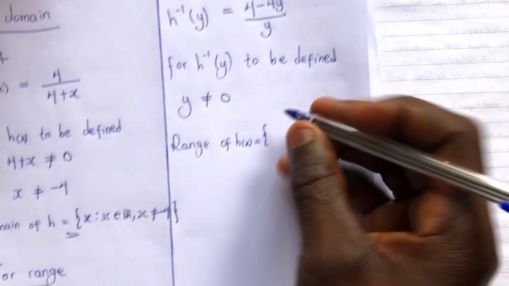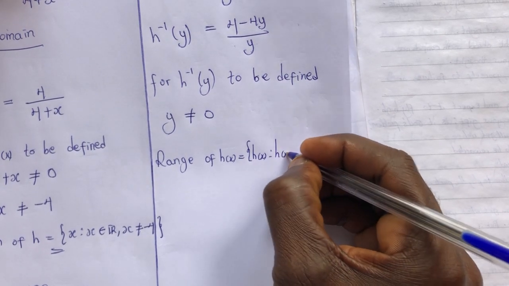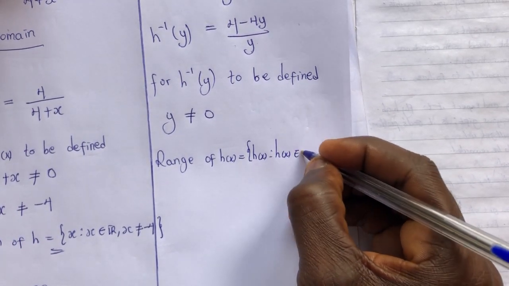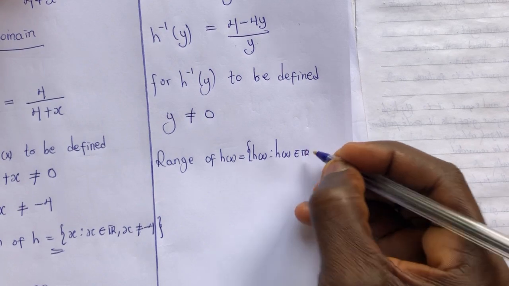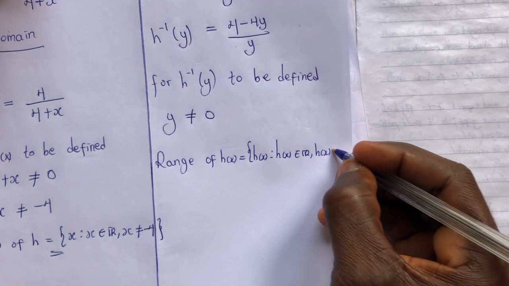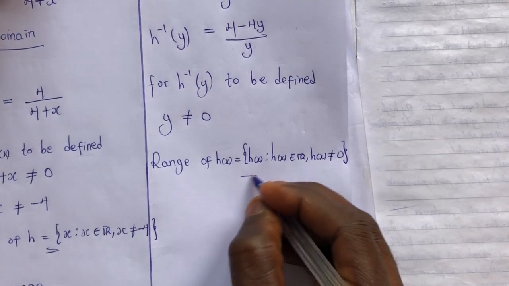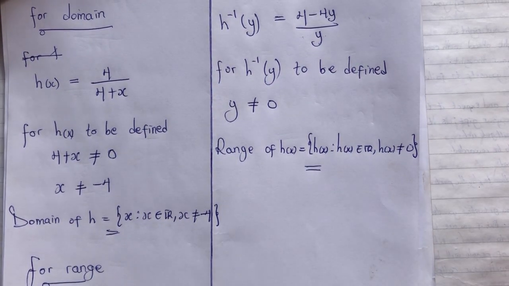So I'll bring it back. The range is {h of x is such that h of x belonging to all real numbers, h of x must not be equal to 0}. And so this is our range. So that's the two examples that we have.